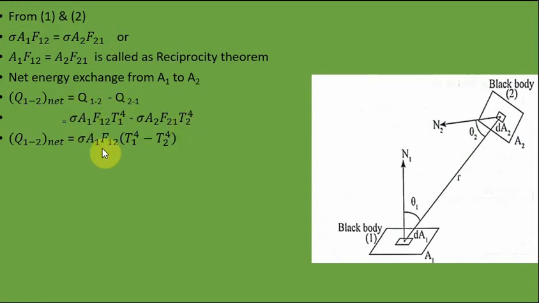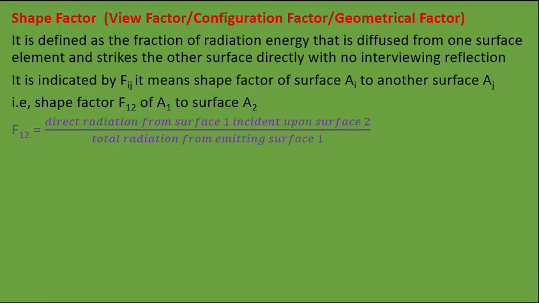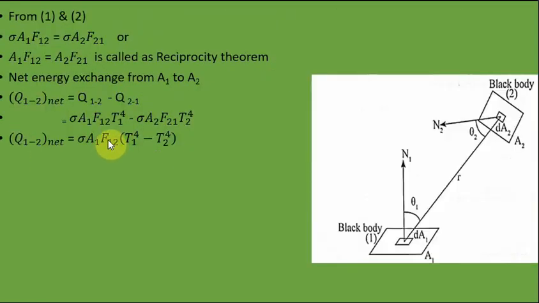On simplification, we find the net radiation heat exchange is equal to sigma A1 F12 into (T1⁴ minus T2⁴). This is the net heat radiation exchange for a black body, where F is called the view factor.